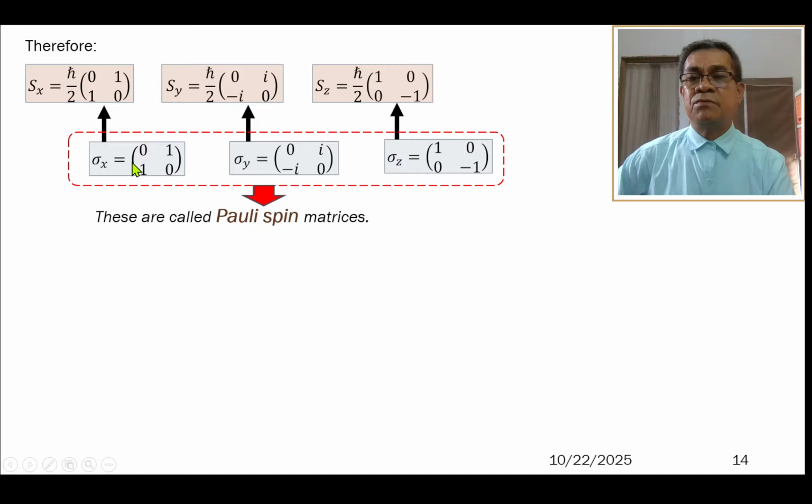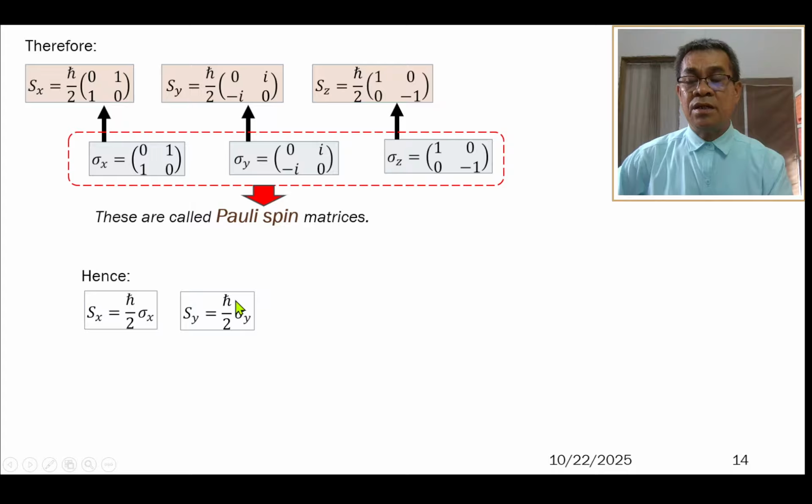Just memorize this, then multiply by ħ over 2, and it's already S_x. So again, we have these Pauli spin matrices: omega x, omega y, and omega z. S_x is just the product of ħ over 2 and the Pauli matrix along x, while S_y is ħ over 2 times the Pauli spin matrix with respect to y, and also with z.